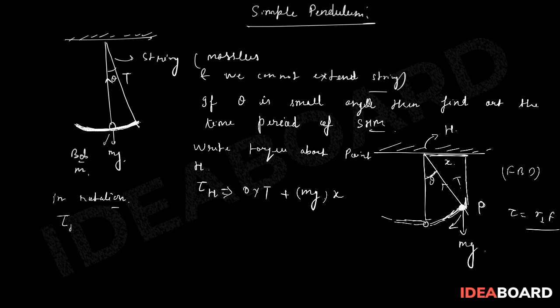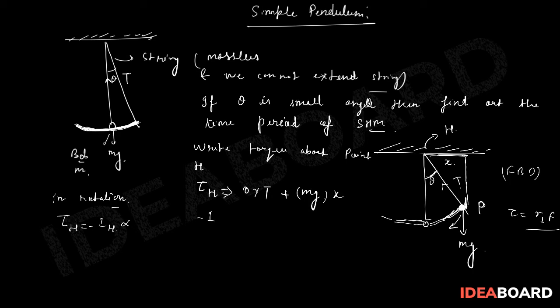We know that in rotation, torque about any point is given by the moment of inertia about that point into alpha. So the restoring torque will be I_H into alpha, with a minus sign because it is in the opposite direction.